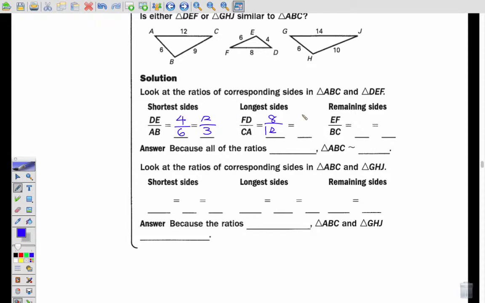So I have 2/3 as well. And then finally the last side, thank God there's only 3 sides. It's a triangle, so I also have 2/3. You all are pro now, so you know because all the ratios are equal, triangle ABC is similar to triangle DEF, right?